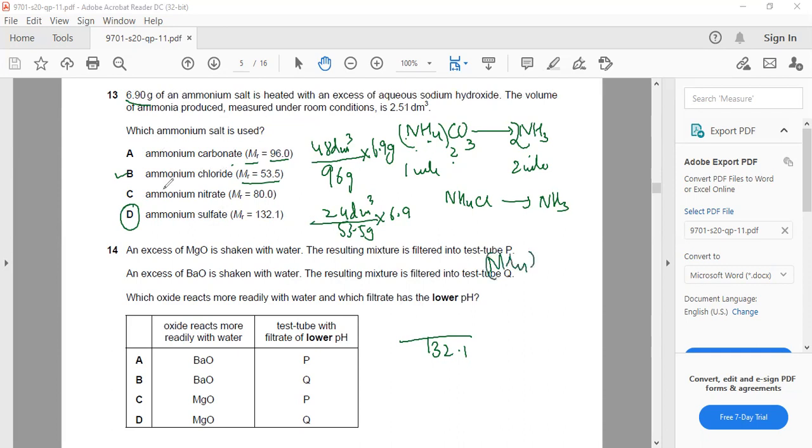Ammonium sulfate has 2 ammonium, so it will give 2 ammonia. 2 moles of ammonia means 48 dm cube of ammonia. So 6.9 gram, how much? That is the answer, 2.51. Any confusion? Okay, so you have to do the hit and trial method.